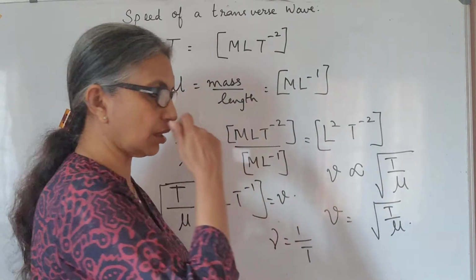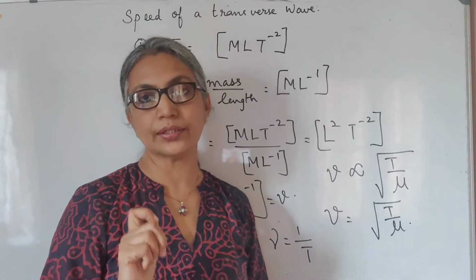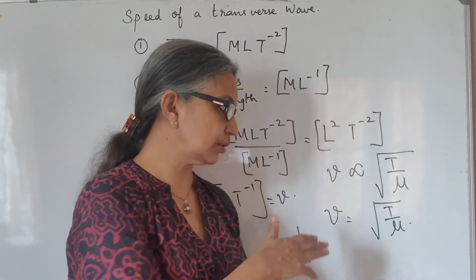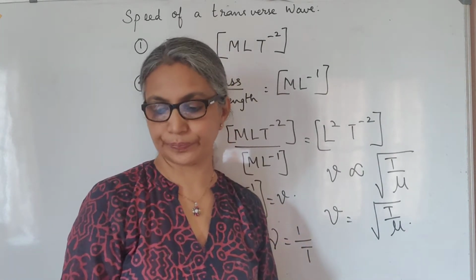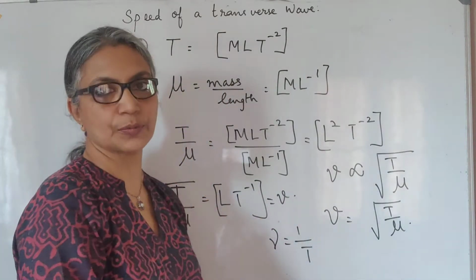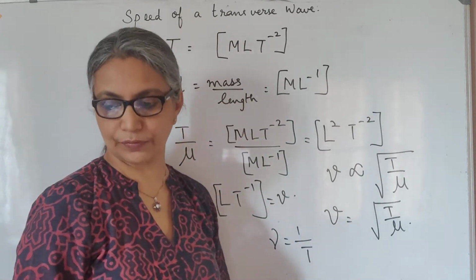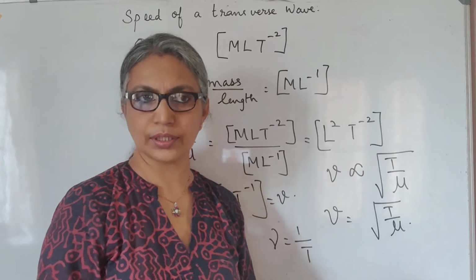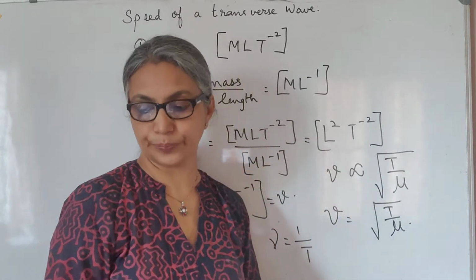This is how velocity is determined by the tension and the mass per unit length of a string, and this velocity determines the frequency of the sound produced in that string. This goes for any transverse wave. We have just taken an example of a stretched string on a guitar. For any transverse wave, the velocity is root of T by mu.